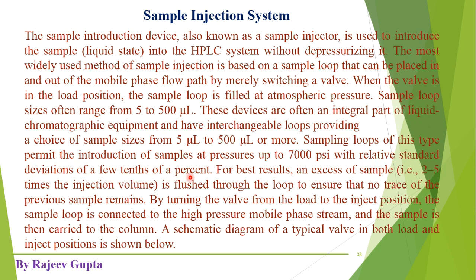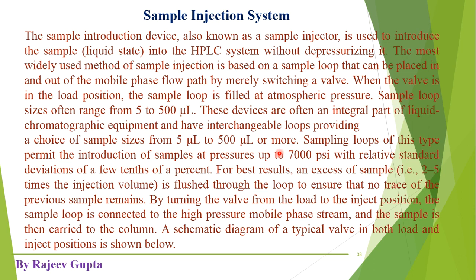A very low relative standard deviation should be present, which could be a few tenths of a percent. When we switch this valve and the sample loop combines with the main stream of high pressure mobile phase, it immediately gets this much high pressure.